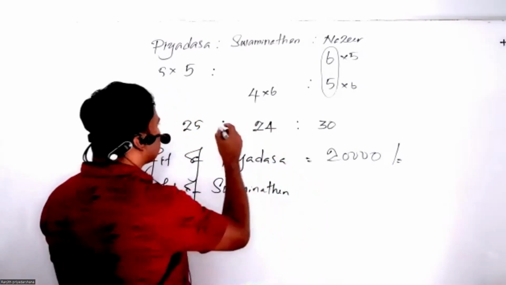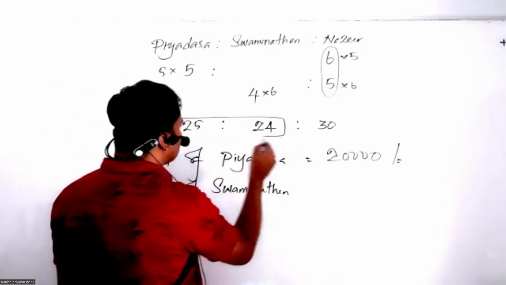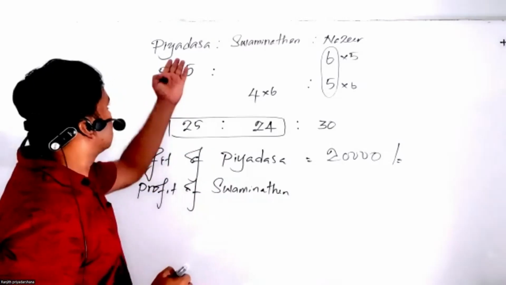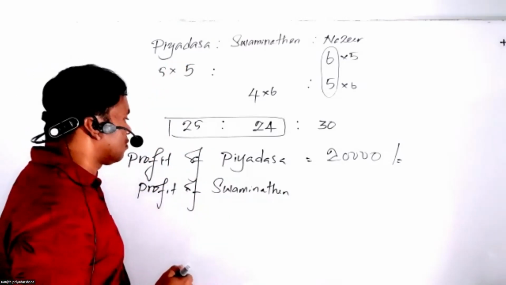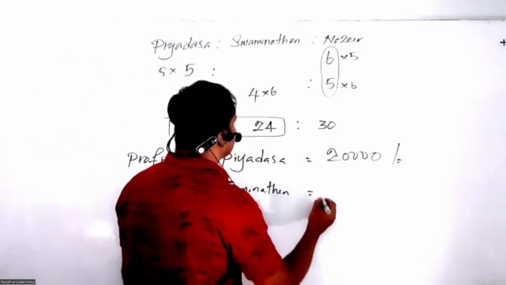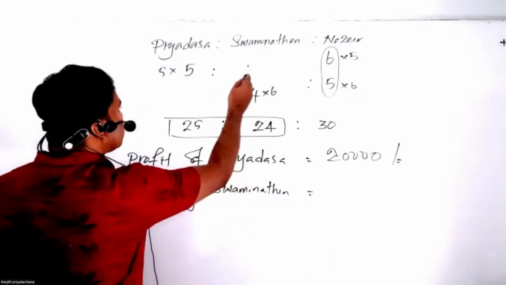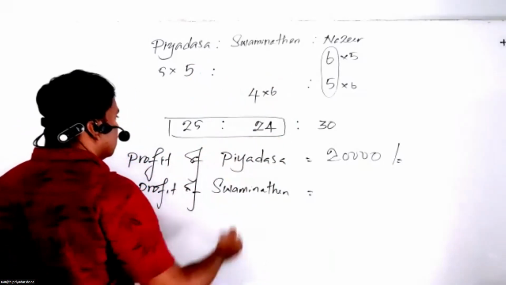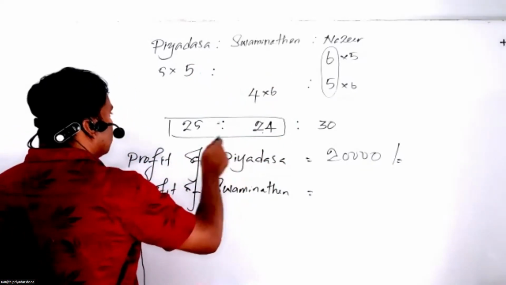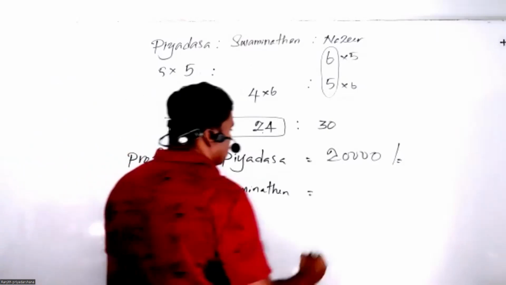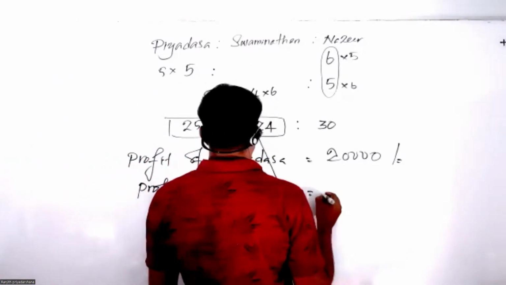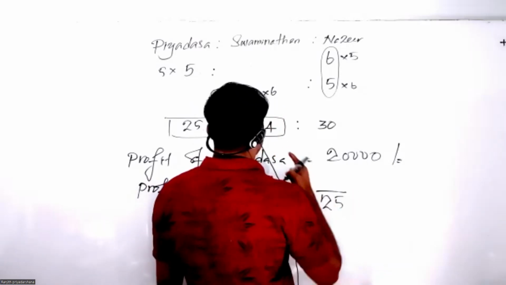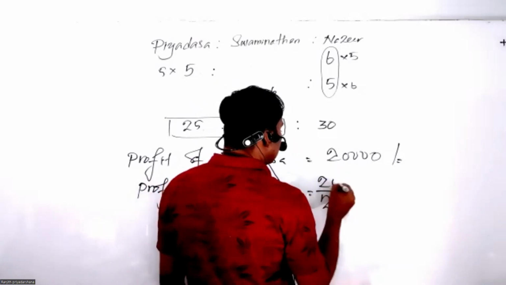Yes, you have to take the ratio between Swaminathan and Piyadasa. If there was a ratio given here it would have been no problem, but it's not there. Therefore, you have to take that 24 to 25. When Piyadasa earned 25, Swaminathan earned 24.